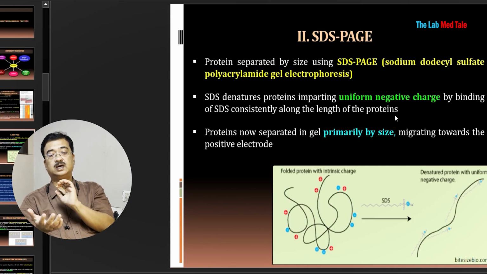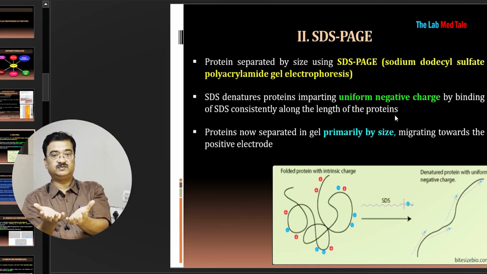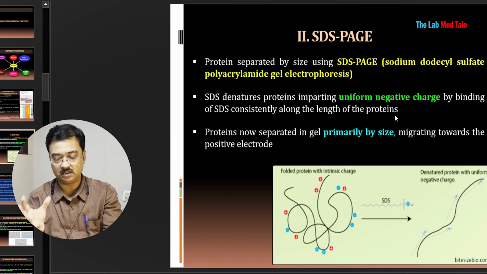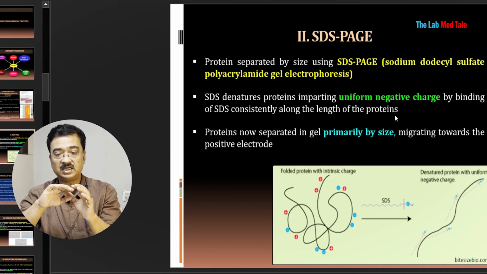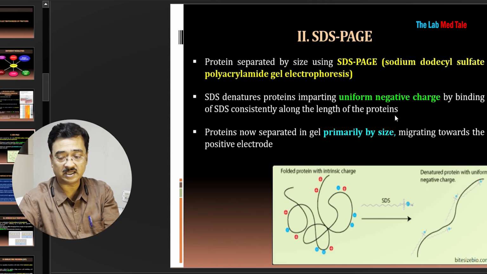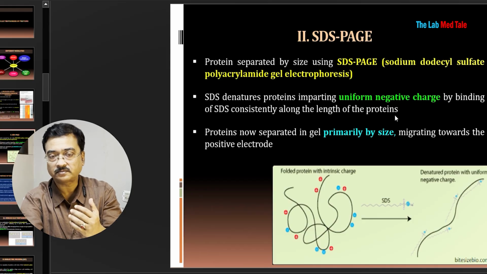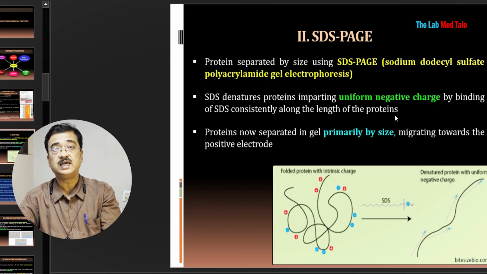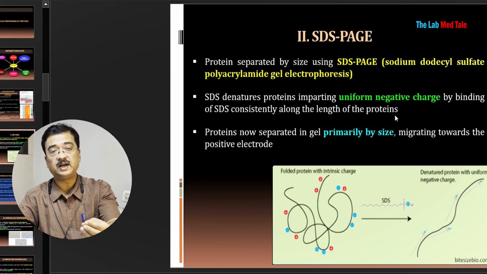It first denatures the proteins and therefore creates a uniform negative charge, because it covers and masks the ionization of the amino acids. So once SDS is coated, this entire electrophoresis, that is migration on the basis of electric charge, is now totally dependent on size.